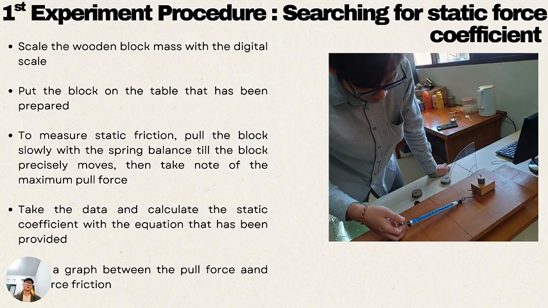Then we put the block on the prepared table. To measure friction, pull the block slowly with the spring balance until the block precisely moves. Then take note of the maximum pull force. Take the data and calculate the static coefficient with the equation that has been provided. Make a graph between the pull force and the friction force.